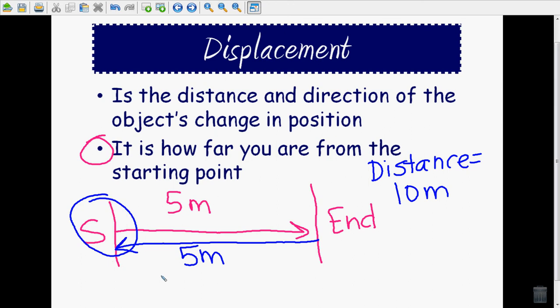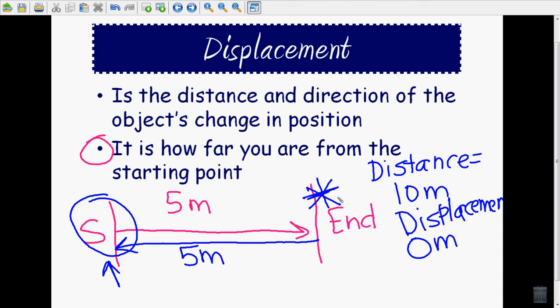So my displacement is 0 meters because I'm exactly back where I started, and that's what displacement is: how far you are from the starting point. If I would have stopped right here, I would be at a displacement of 5 meters. So it's how far you are from where you originally started.